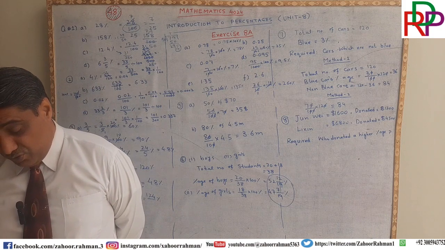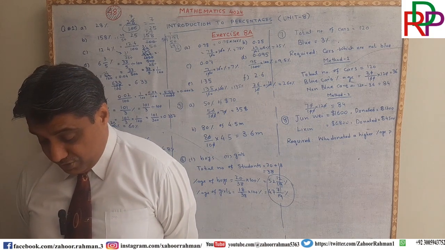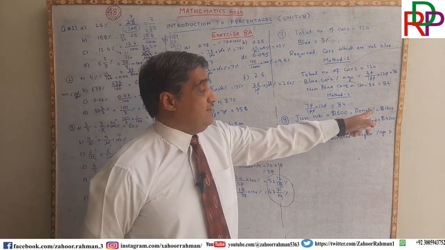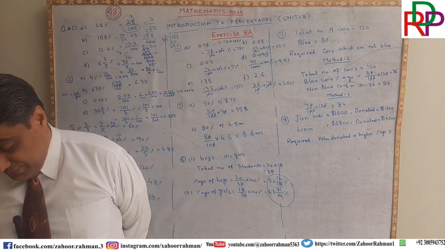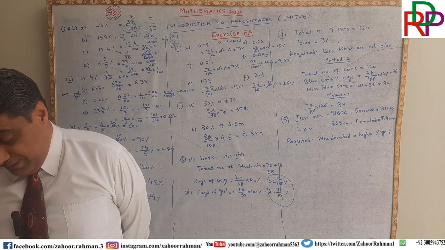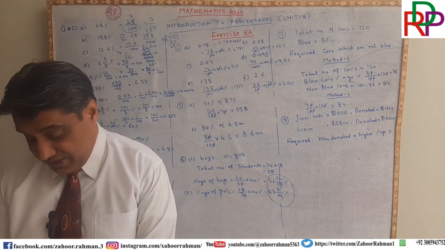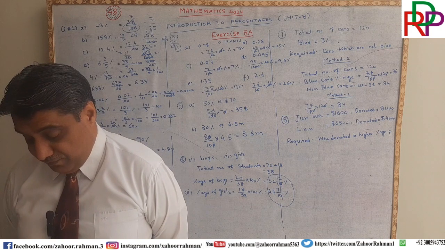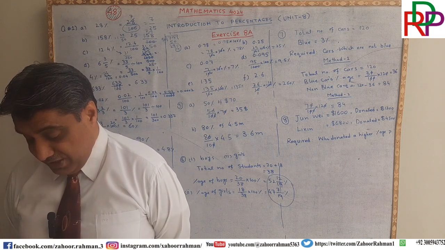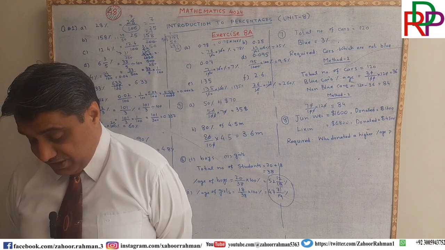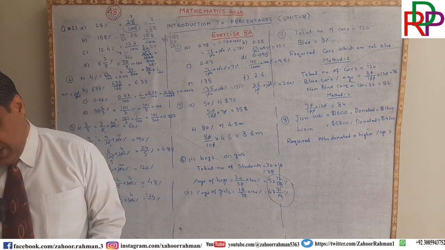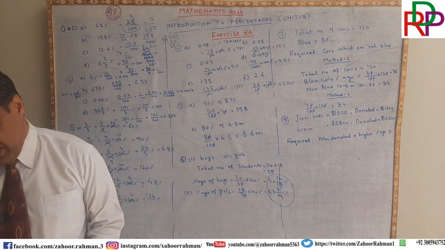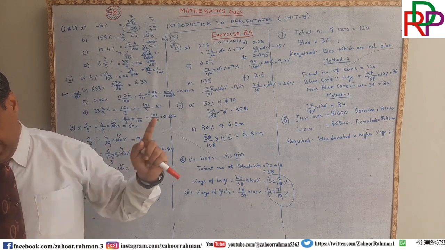In 2012, Junwei donated a total of 1,200 to a charitable organization, while Lexon donated a total of 4,500 to charitable organization. Who donated higher percentage of his or her annual income? That is the per month income.